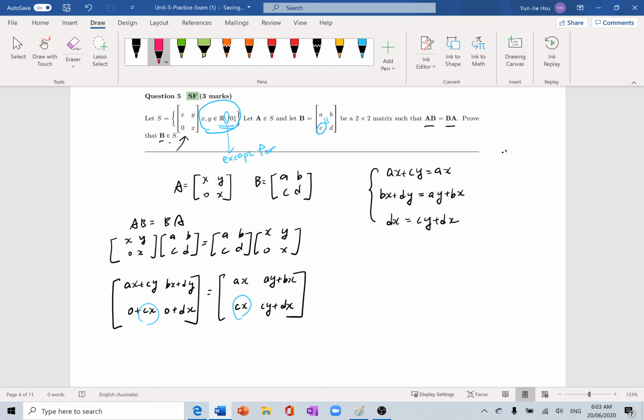Okay, you think about it from equation 2, do you find out bx plus bx, so it means ay must equal dy, but y cannot be 0, right?